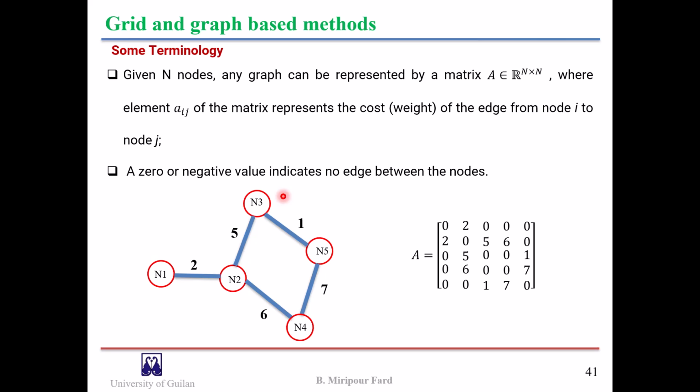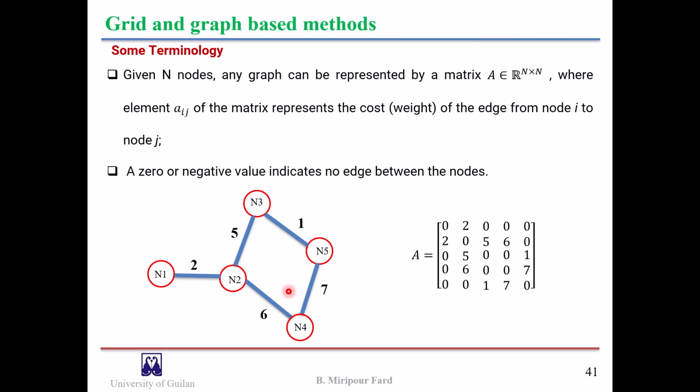Given n nodes, any graph can be represented by a matrix A. Its dimension is n by n, in which n is the number of nodes, and the element Aij of the matrix represents the cost or weight of the edge from node i to node j.